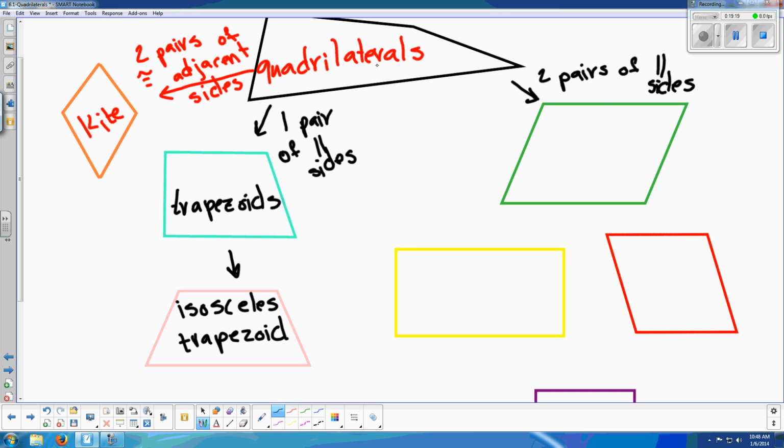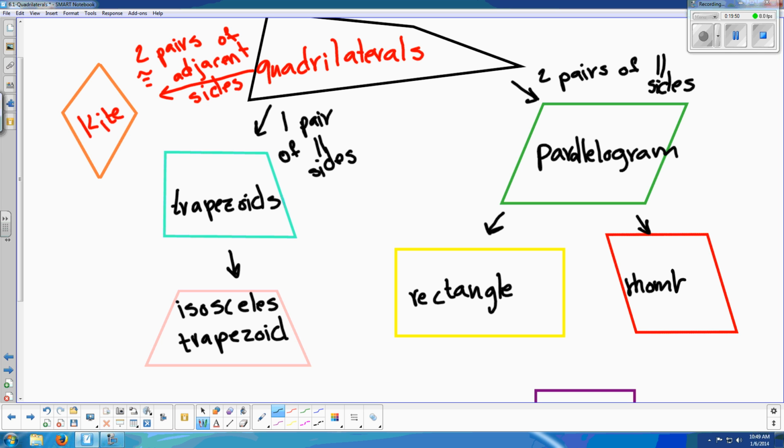And over here, quadrilaterals with two pairs of parallel sides. Our first one and main one is our parallelogram. And if we go this way, we have what I hope you can recognize as a rectangle. And over here, all of our sides are congruent, which means we have a rhombus.